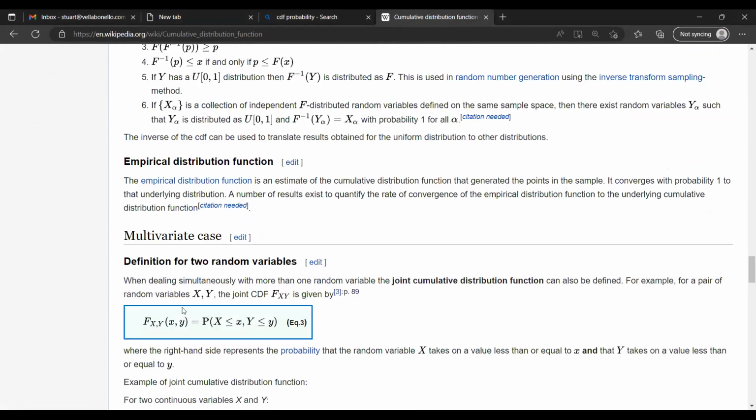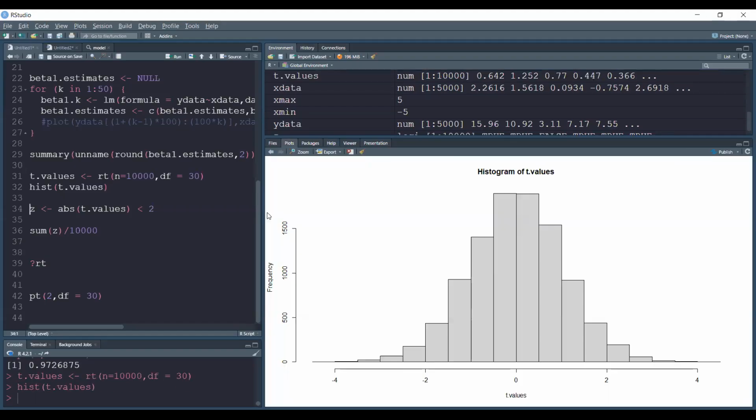So this is our distribution function, and we're going to set the cutoff at 5%, and the probability that a randomly selected value is less than or equal to 2, strictly speaking, you calculate as PT.